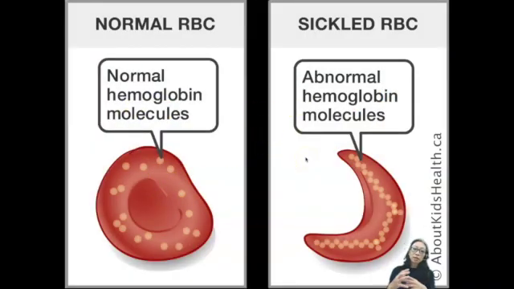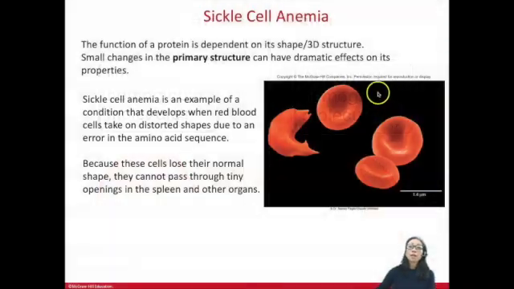Red blood cells contain the hemoglobin proteins that carry the oxygen, and red blood cells carry oxygen in the blood throughout the body. This is what normal red blood cells look like. It's a round disc with a little indentation, but it's a nice, healthy round disc.